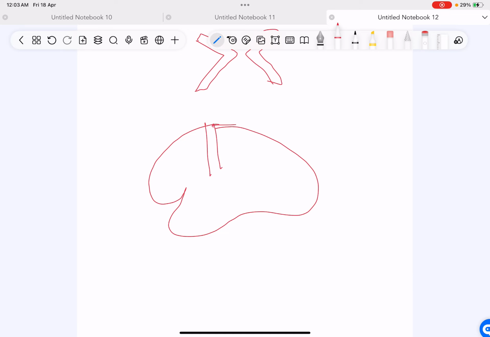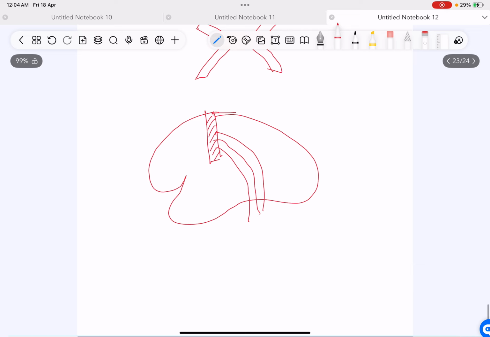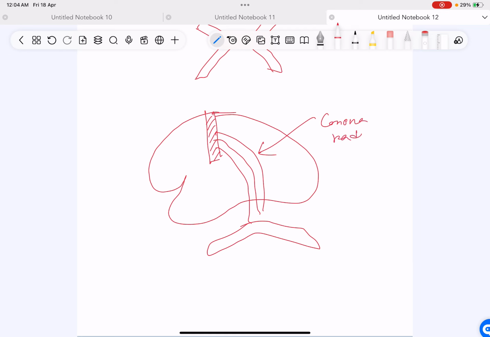From there, what comes out is the corona radiata. Okay, corona radiata goes to the internal capsule.